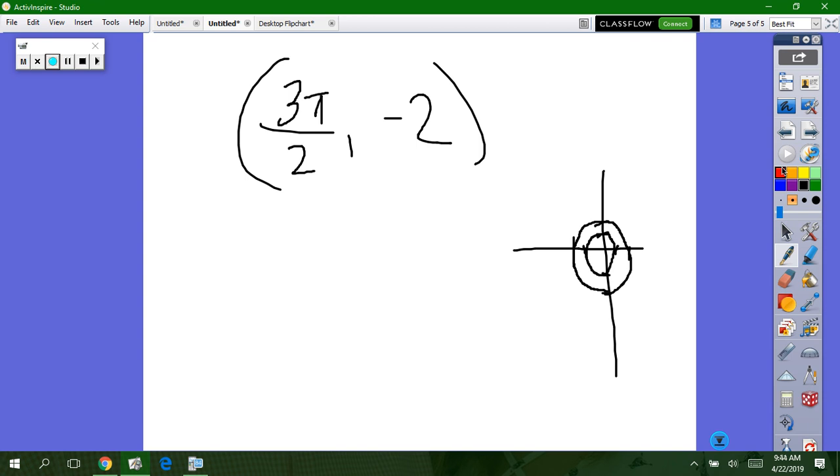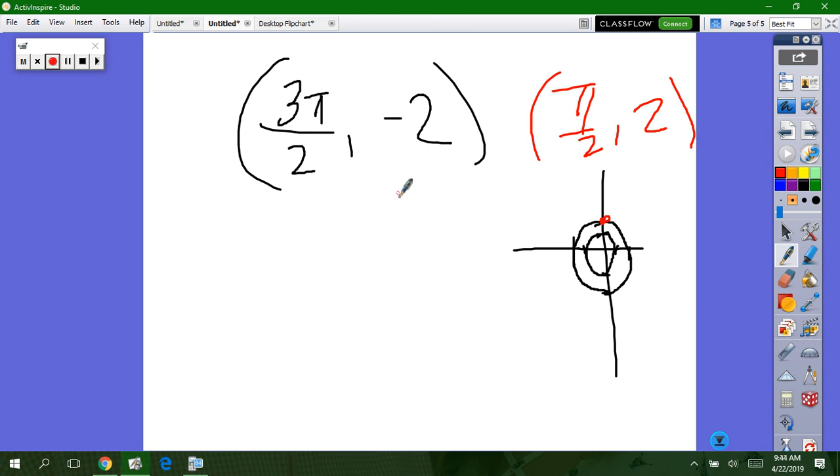So, hopefully you've had time to already plot it because this doesn't take very long. I go to 3 pi halves. Oh, but my radius is negative, so what do I do? Push through and go to its opposite side and put it there. So that's equivalent to pi halves, comma 2. Would you guys agree with that? Those would be the same location.